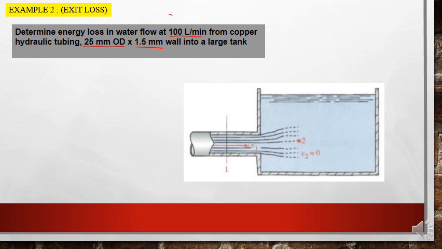If you can see here, this is the same Q that we used in example 1, and this is the same outside diameter we used in example 1 as well. It says that it flows into a large tank.